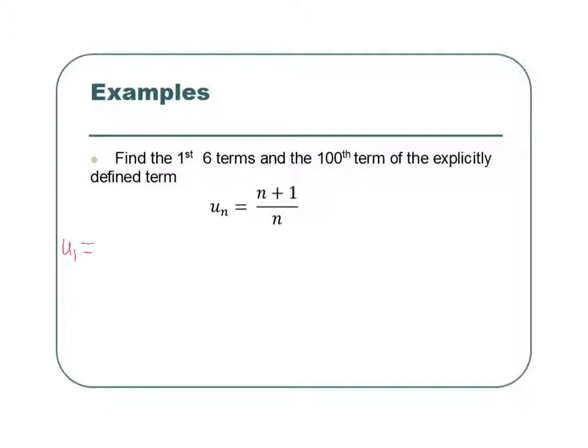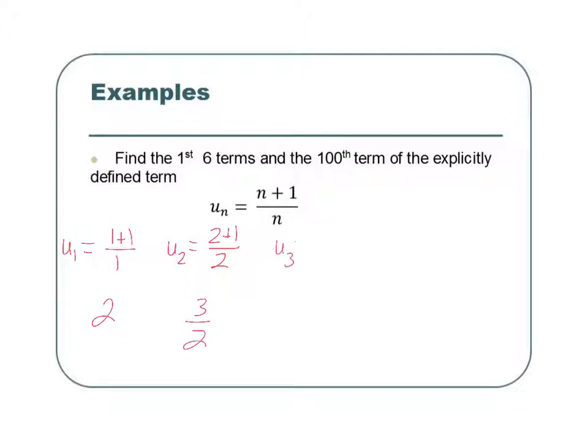So that means my n is a 1. So in my numerator, that n on the top is really going to be a 1 plus 1 divided by 1. So the first term ends up equaling 2. Okay, if I want the second term, well then I'd have a 2 that I'd put in for n, so 2 plus 1 over 2, so that would end up being 3/2.